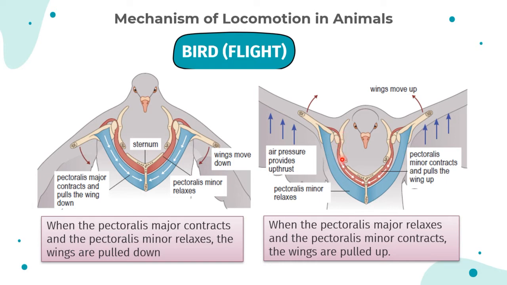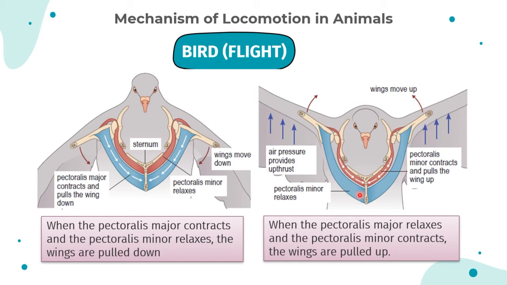Here the pectoralis minor contracts. When it contracts, it will be shortened and create a pull force that pulls the wings up.